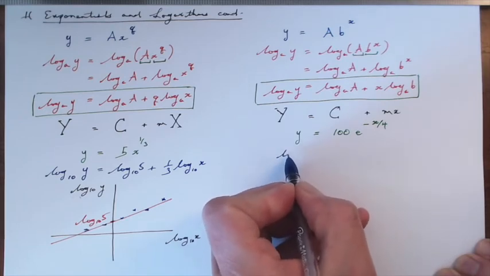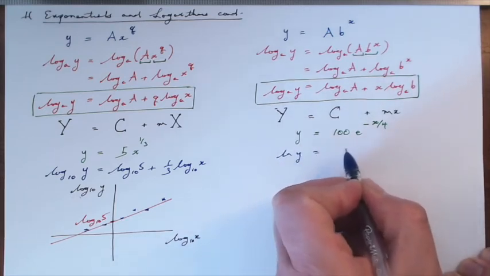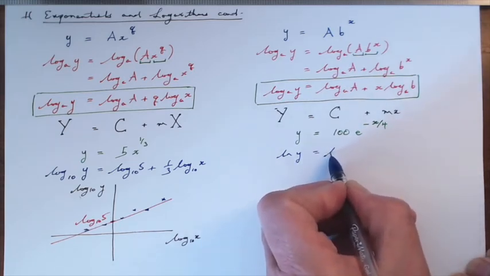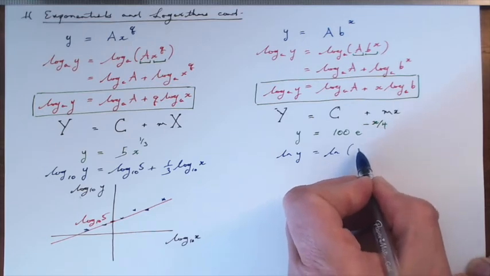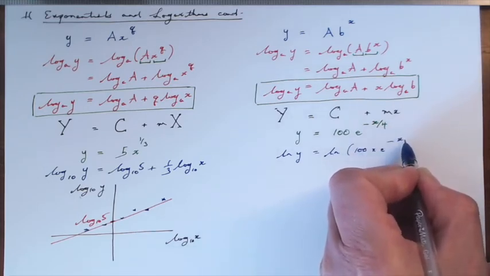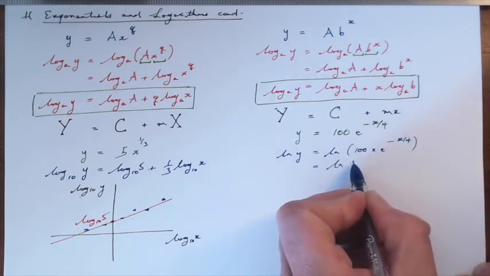So I take the natural logarithm of the left-hand side equals the natural logarithm of the right-hand side. And let me do this explicitly. I will have the natural logarithm of the right-hand side. I can split that into two pieces.